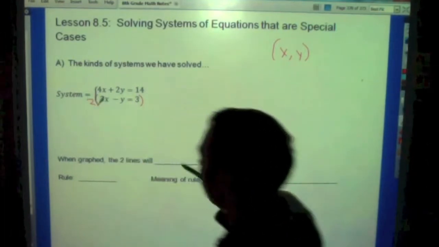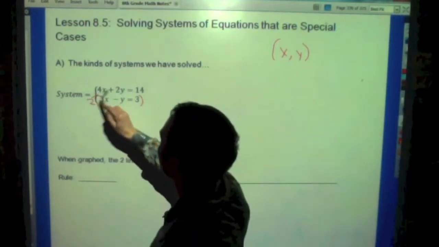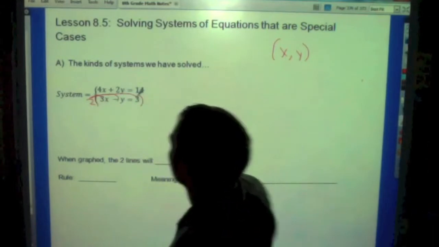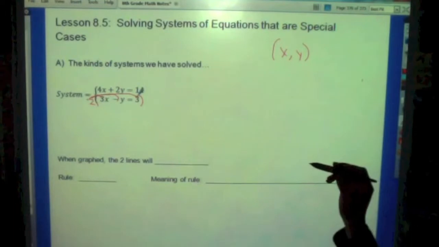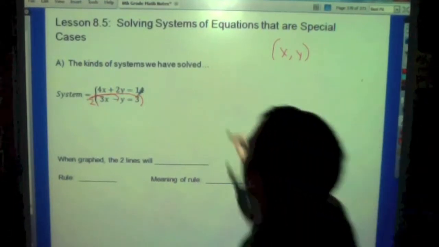I'm going to drop a 2 bomb on that, multiplying everything by 2, and this is what it looks like after I do that.